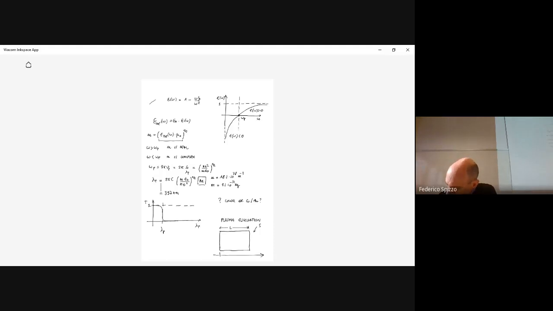Let's suppose we have this translation of the electronic charge density to the right. What happens now due to this translation?